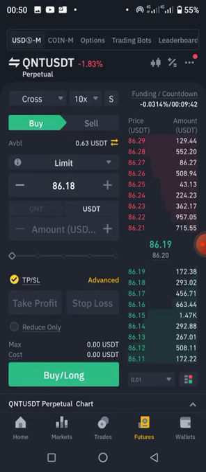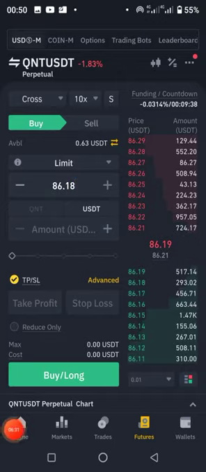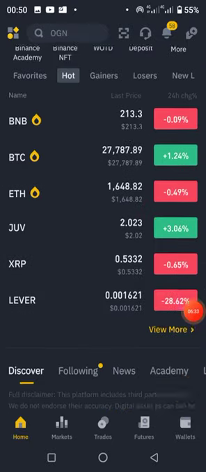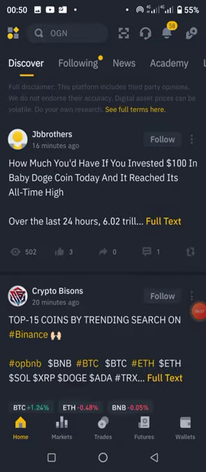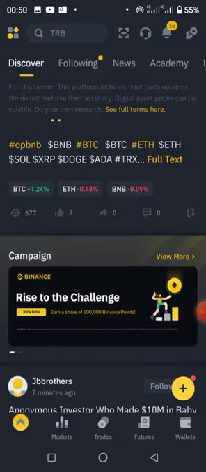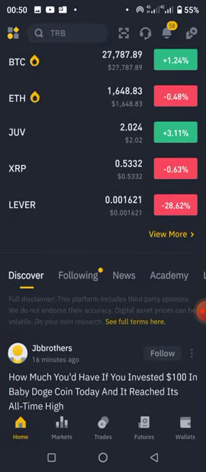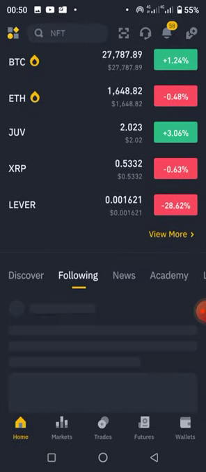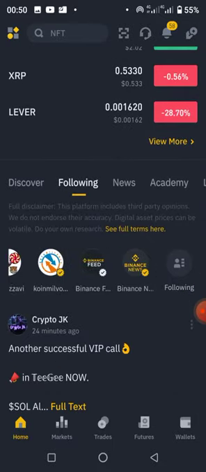So lastly, I'll be showing you my Binance Feed account. So let's come to home. In case, I will be dropping a link in the description for you to follow me on Binance Feed so that you can get my signals. So let's look for Steve Crypto. So this is the Binance Feed.